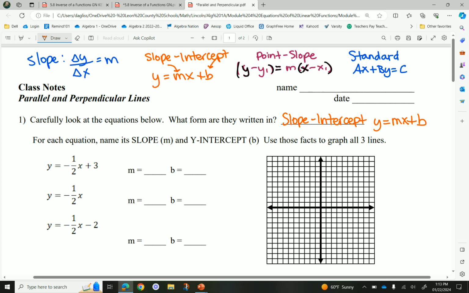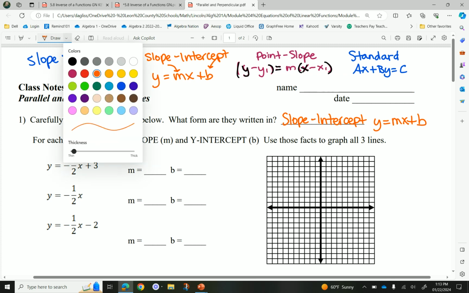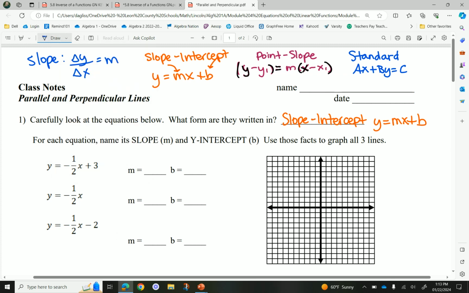Okay, so my first one, y equals negative 1/2 x plus 3. What is my m? Negative 1/2. And my b is 3, yes. My slope is negative 1/2, and our y-intercept is 3.